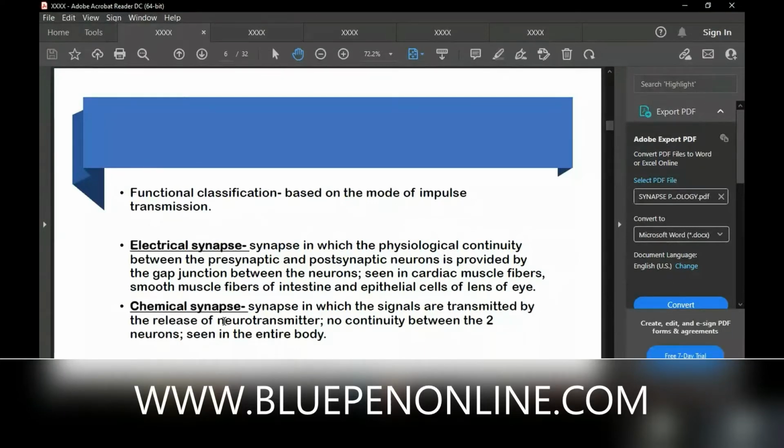Tight junction and gap junction are entirely different, and I hope you know the difference between them. Tight junction means the two adjacent cells will not have any sort of communication between each other.